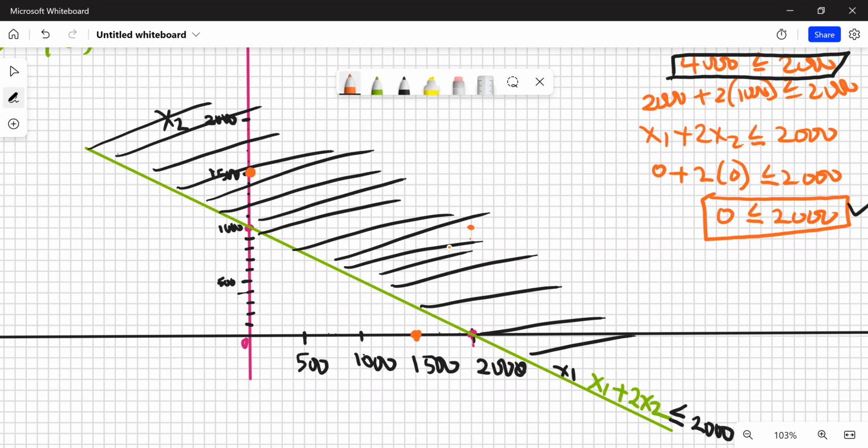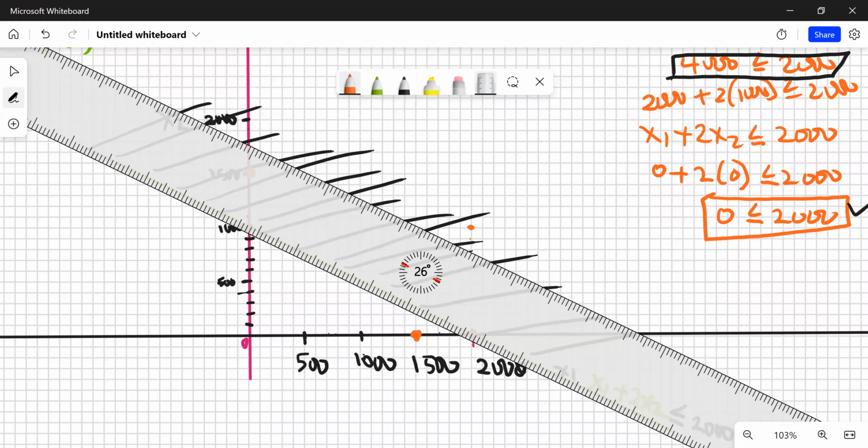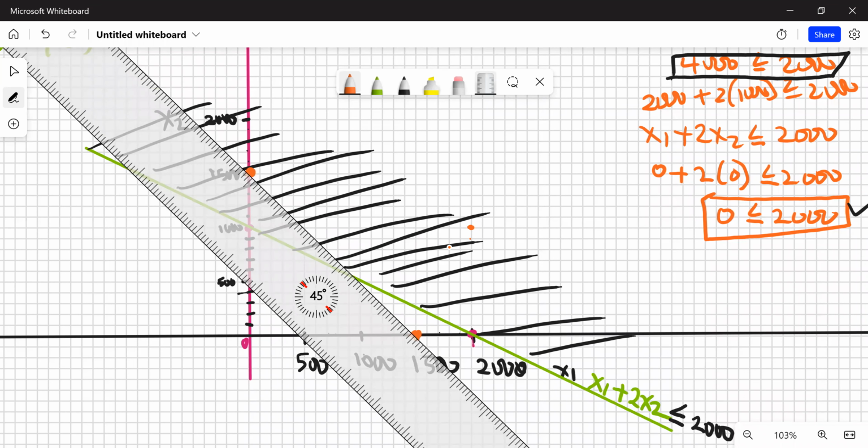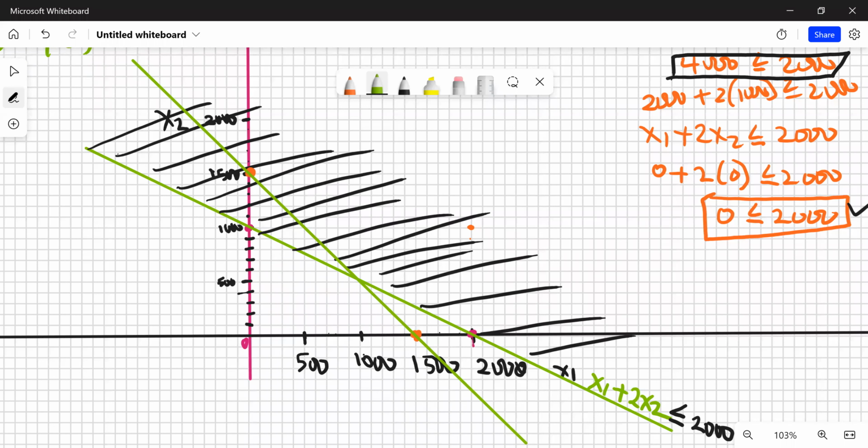We connect those two using a straight line, and then we shade accordingly. So that is the line x1 plus x2 is equal to 1500.